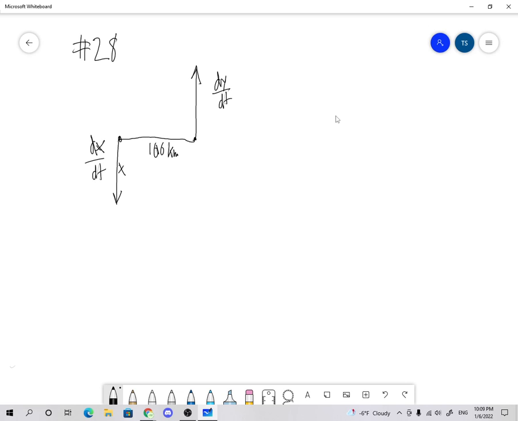So x, and this will be y. And I mentioned that dy/dt was 25 kilometers per hour, because it said it's sailing north at 25 kilometers per hour. And since y is up north, that will be that. The other one is heading downward at 35 kilometers per hour.